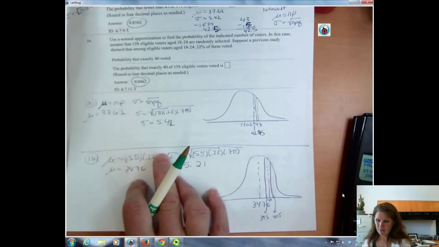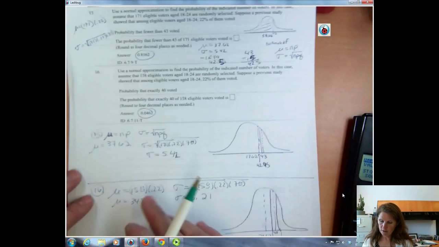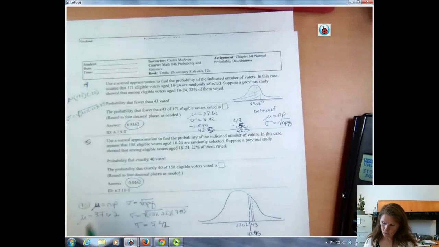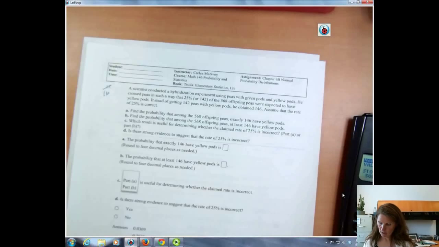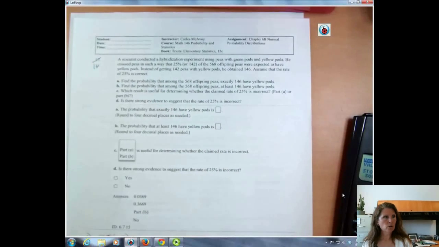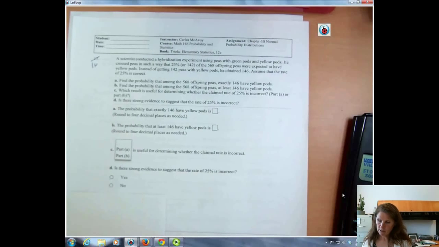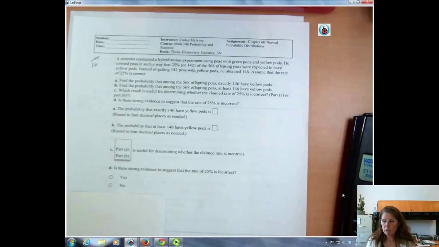All right, that's actually 14 and 15, because I deleted that other problem. And so we're actually on to 16 right now. Okay, so a scientist conducts a hybridization experiment using peas with green pods and yellow pods.